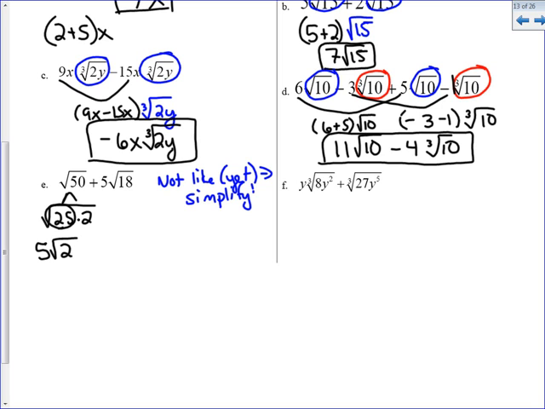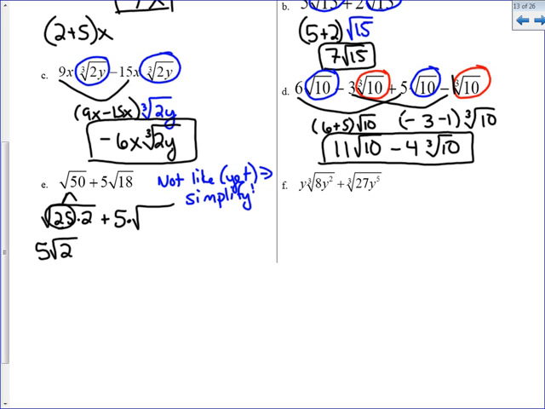Now for the next one, what's the big 5? What's going to happen with the big 5? You're going to multiply it. So don't forget to bring it down, but all that means is 5 times whatever else happens in that term. Big numbers are multiplied. Coefficients are multiplied.